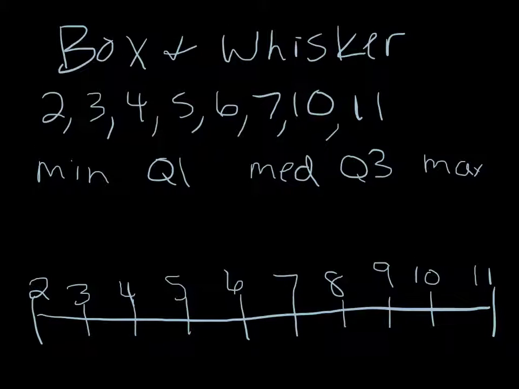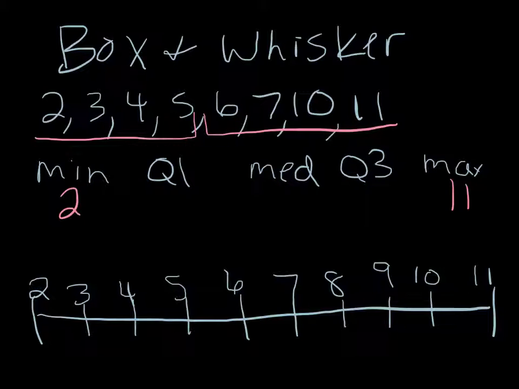Okay, we want to make a box and whisker plot for this data right here. Once again, if it's not in order, you need to order it. In this case, it's already ordered for you. So nice and easy, your minimum is going to be 2. Your maximum is 11. If we look for our median, that's going to be between 5 and 6 because there's 4 values on either side. Well, the middle of 5 and 6 is just 5.5.